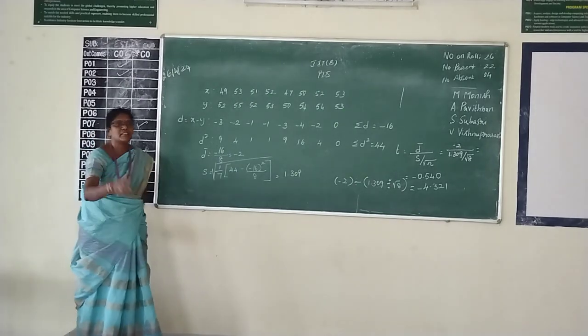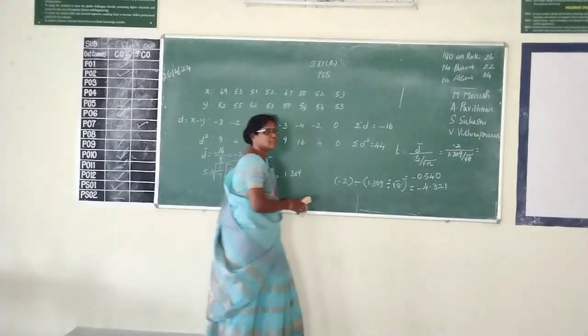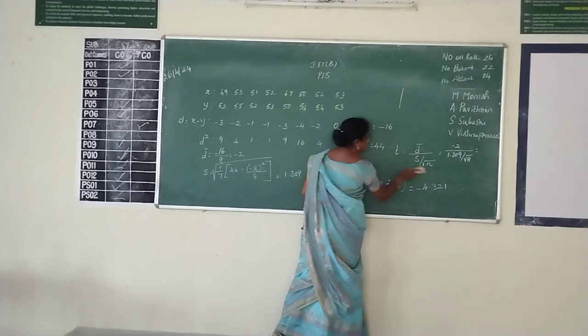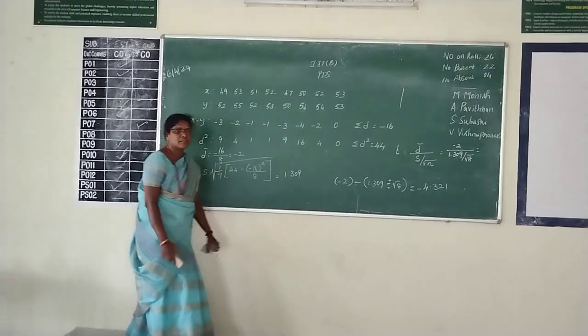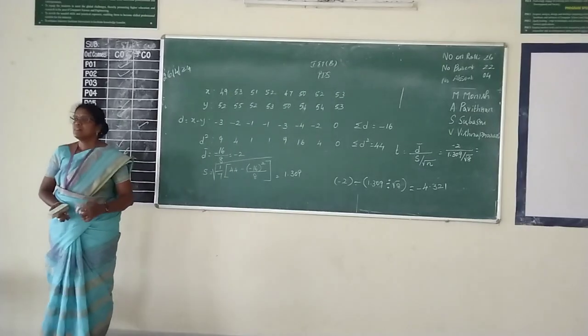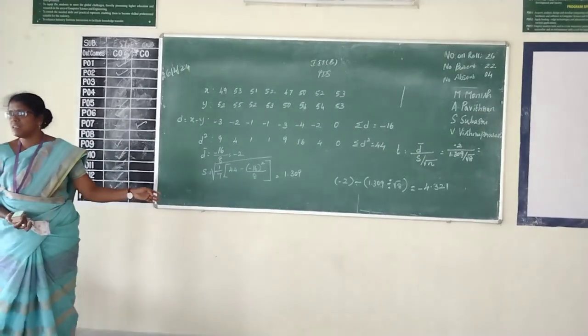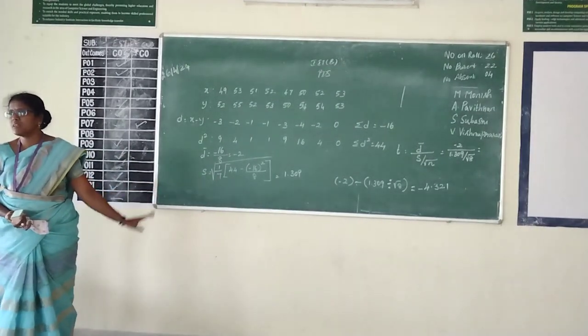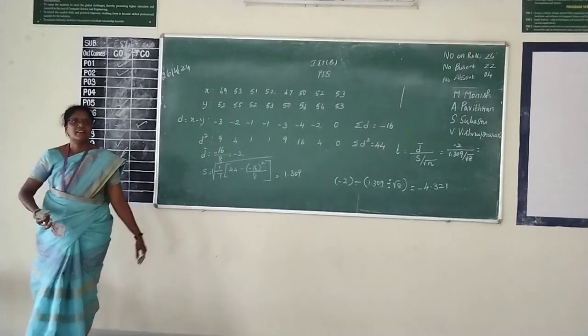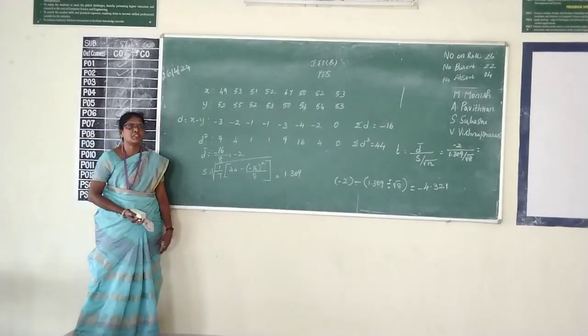You said everyone is getting the same answer. That one mistake only we made. Is anyone now getting the same answer? Yes, should I proceed? Okay, it's enough. Continue to the next step.